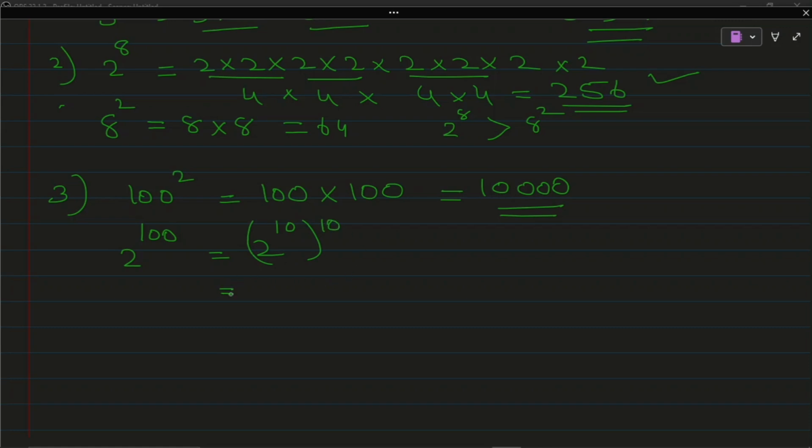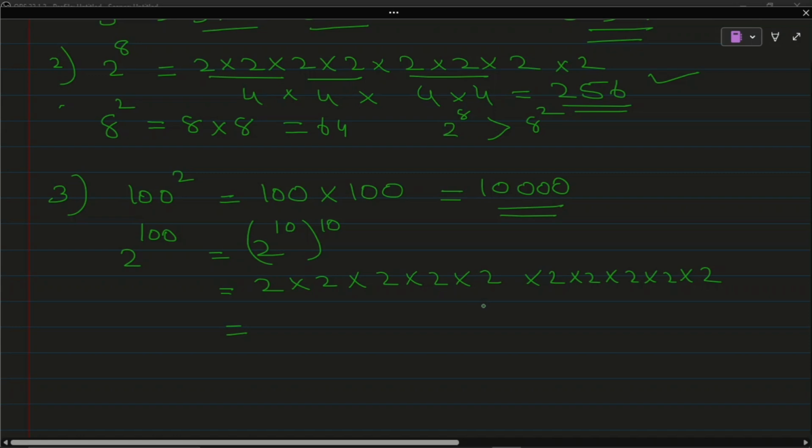So first we will find 2 raised to 10. That is, we have to write 2 10 times. 2 raised to 8 we already found the answer, up to here we found the answer, that is 256.